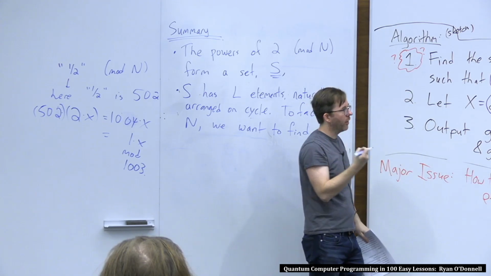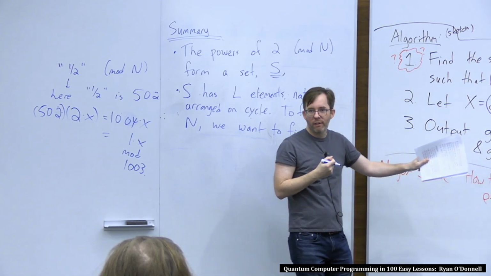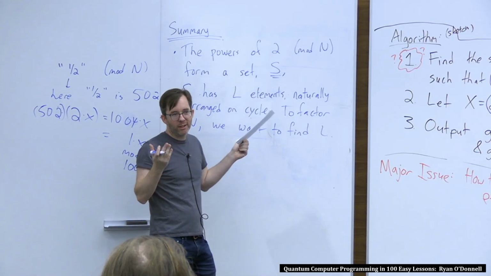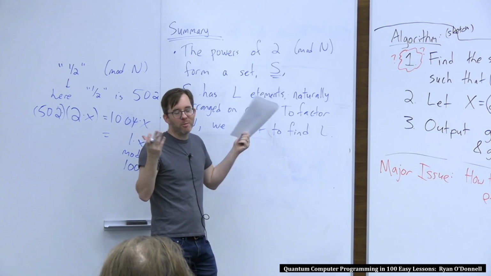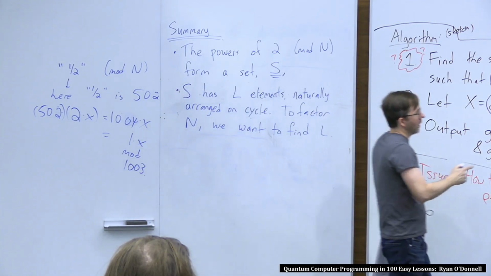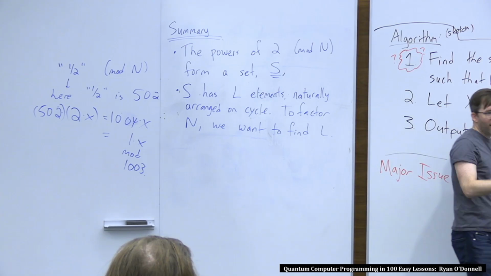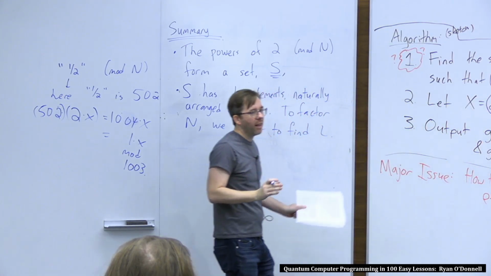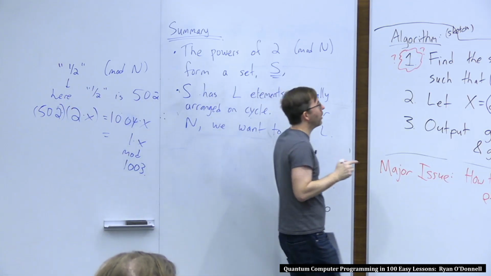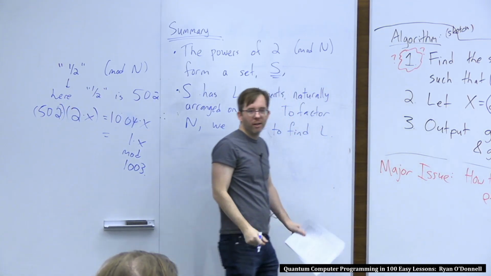Given n, I've got to figure out how long this cycle is. And the length of this cycle is 10 to the 1,000 or something probably, so it's longer than the number of atoms in the universe. So it could just literally walk along the whole cycle until it gets back to the beginning and say, all right, I found the length. But that's a terrible idea. So somehow, using the power of quantum computing, we want to really speed up this step 1.